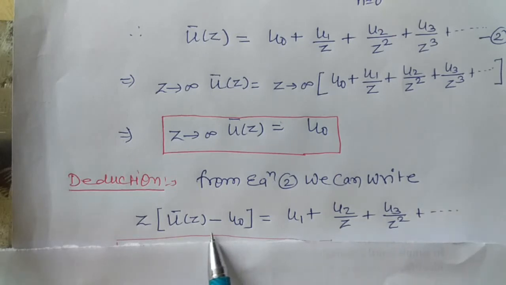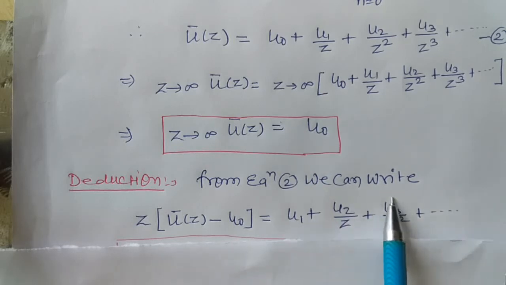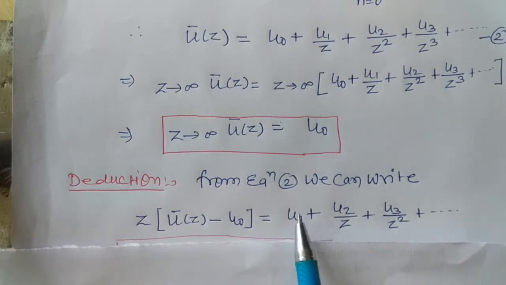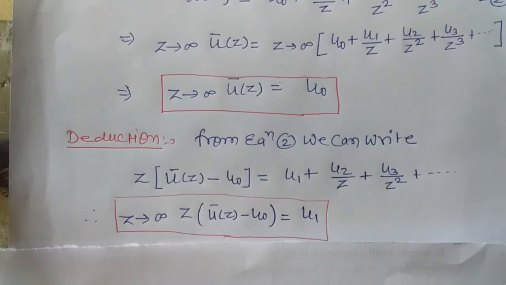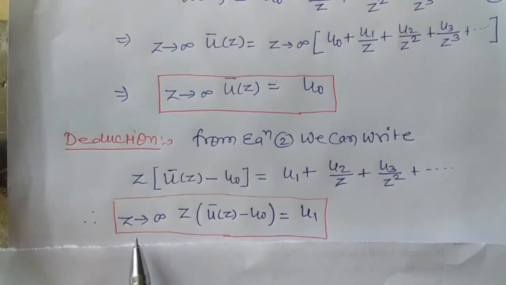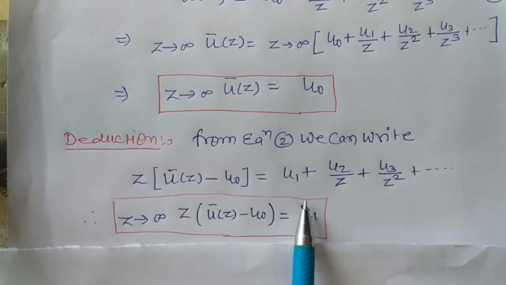Now we take limit z tending to infinity, then on the right hand side u2 by infinity plus u3 by infinity and so on are 0, and we have only u1 on the right hand side. Then we get limit z tending to infinity, z into u bar z minus u0 gives u1, that is the next initial value.